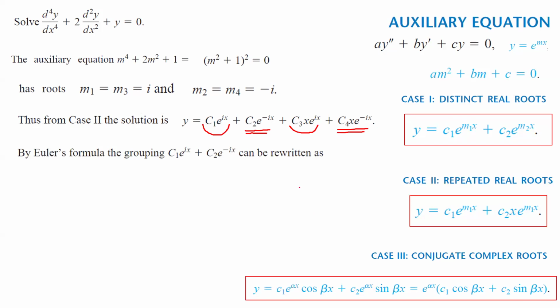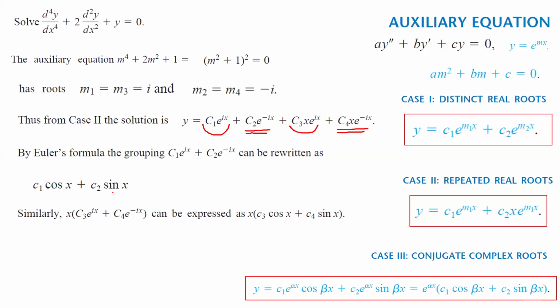Now, by Euler's formula, c1 e to the power ix plus c2 e to the power -ix can be rewritten as c1 cosine x plus c2 sine x. Similarly, x times c3 e to the power ix plus c4 e to the power -ix can be expressed as x times c3 cosine x plus c4 sine x.